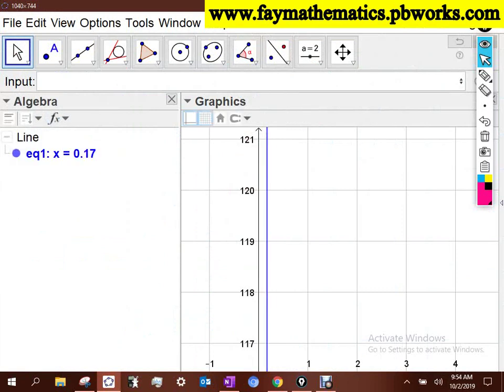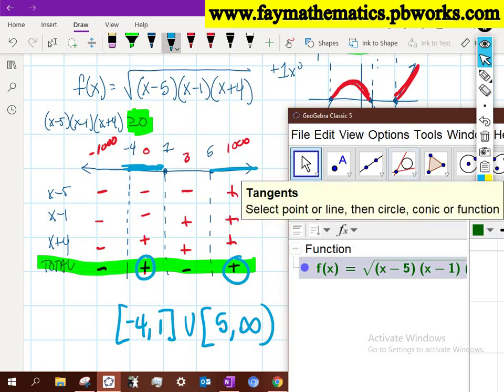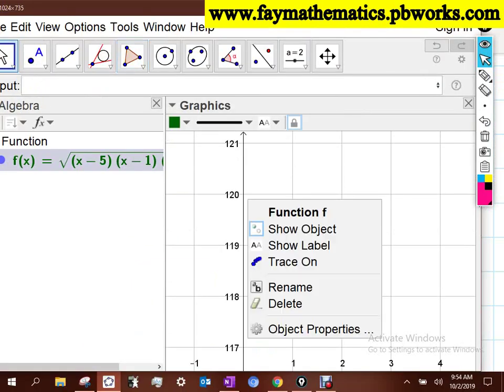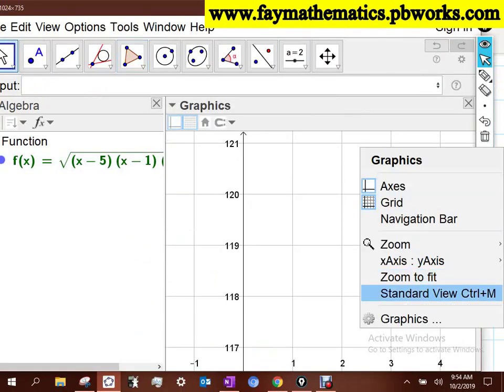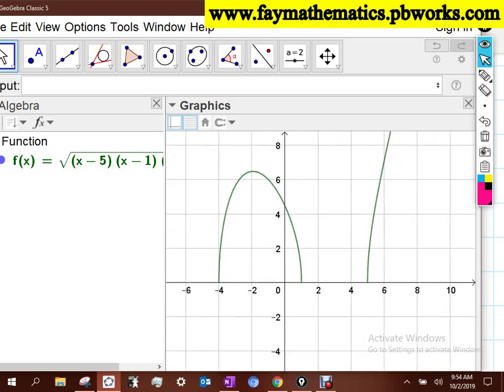And I want to graph this thing real quick for you, because you've probably never seen a graph like this. All right, so when we graph it, this is the graph. Okay?